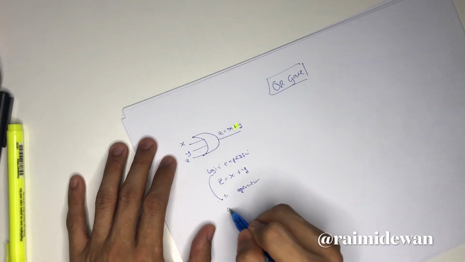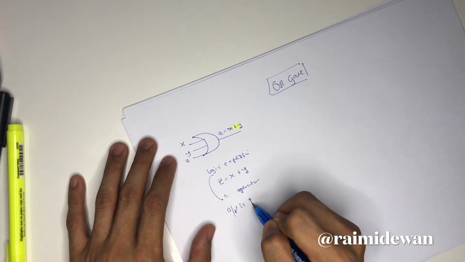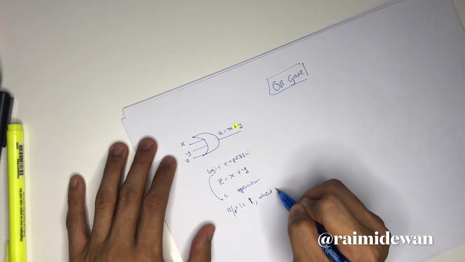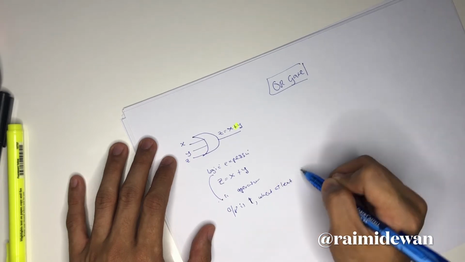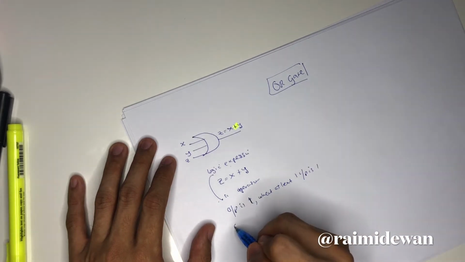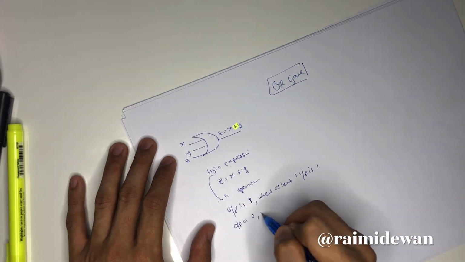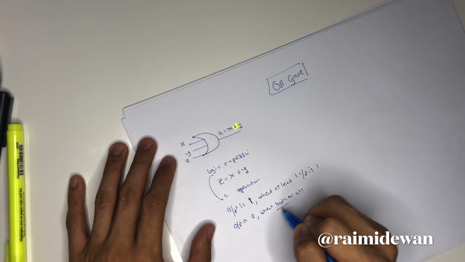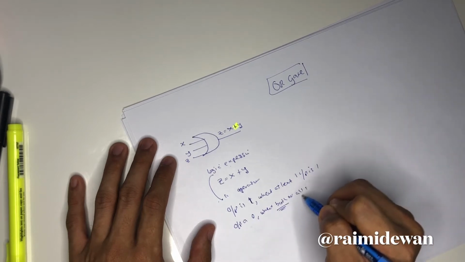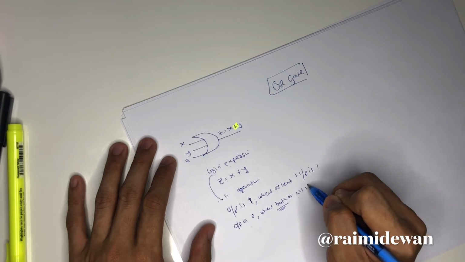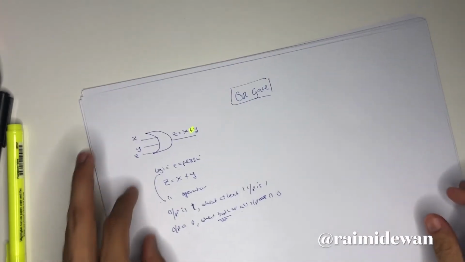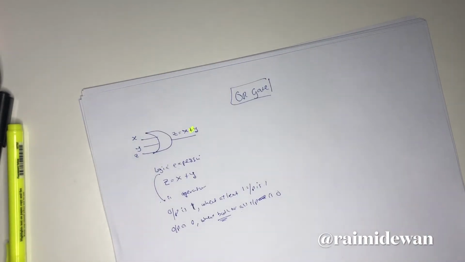The output is 1 when at least one input is 1. The output is 0 when both inputs, for the case of 2 inputs, or all inputs, if you have more than 2 inputs, are 0.